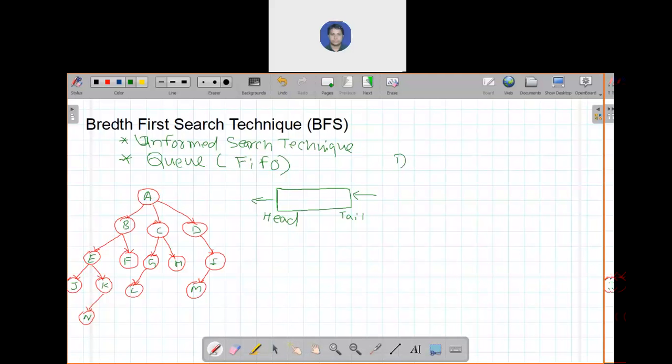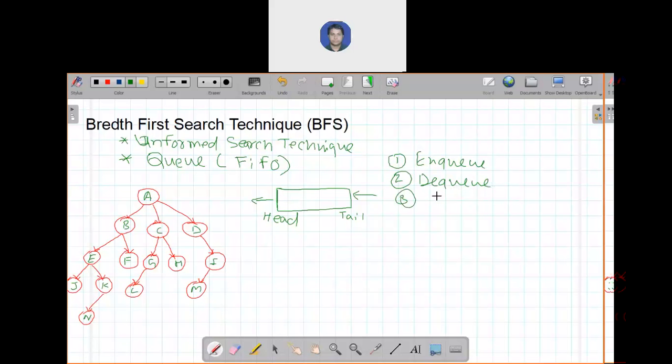The first operation you can say is enqueue. In enqueue we add the element in our queue from the tail or the end of the queue. In the dequeue operation, we remove the element from the queue from the head or from the front of the queue.